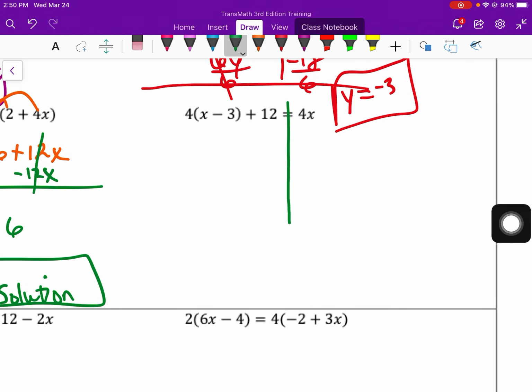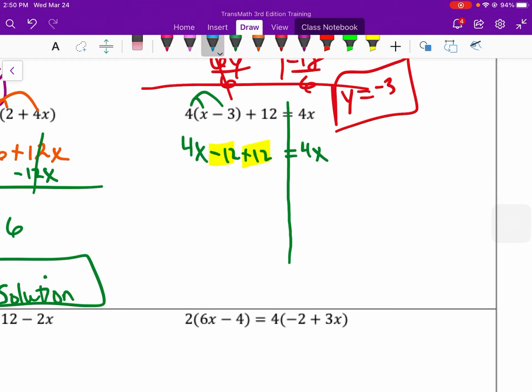How about this one? I'm going to distribute first. So I have 4x minus 12 plus 12 equals 4x. I have some like terms. Negative 12 plus 12 is 0, so they would cancel. So I'm left with 4x equals 4x.